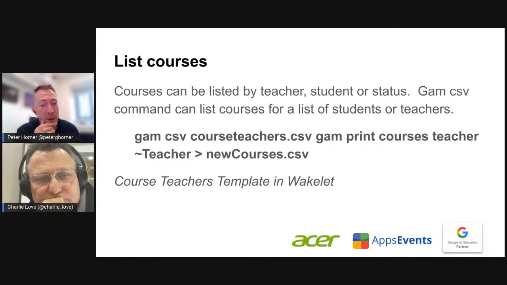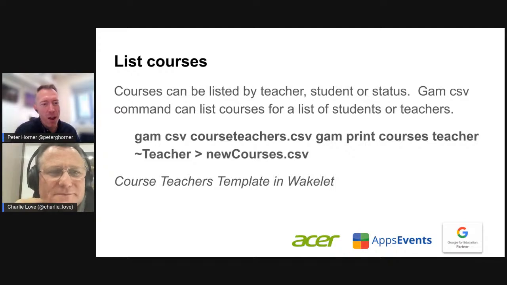Yeah, absolutely. But despite doing that, teachers still create their own classes. So I do find myself frequently having to run a command like this to find out what class someone's created in order to add either another student onto that class or change teachers. So still really useful to be able to easily do this from the command line.